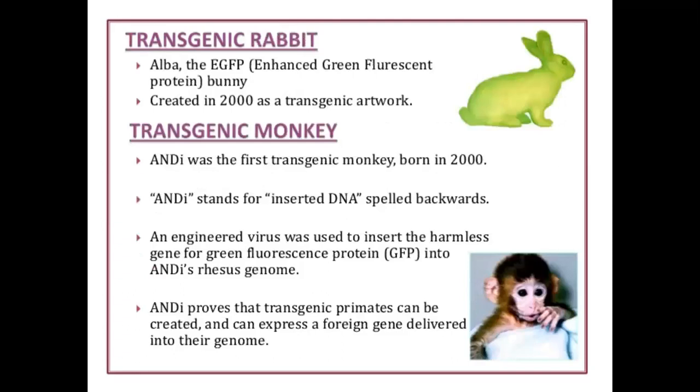Then a transgenic rabbit was created in 2000 as a transgenic artwork. Then a transgenic monkey was also produced in 2000, and an engineered virus was used to insert the harmless gene for green fluorescent protein into the rhesus monkey genome.